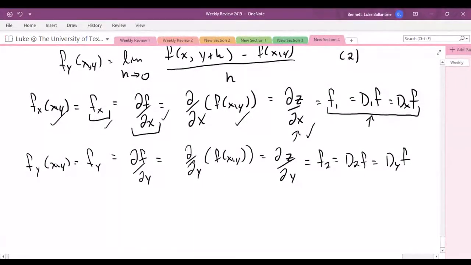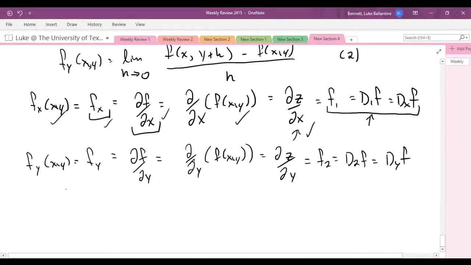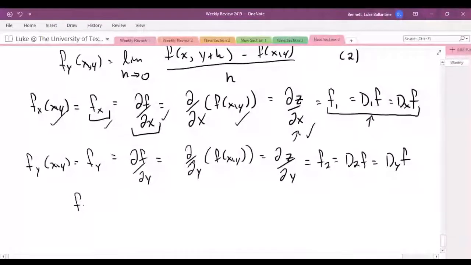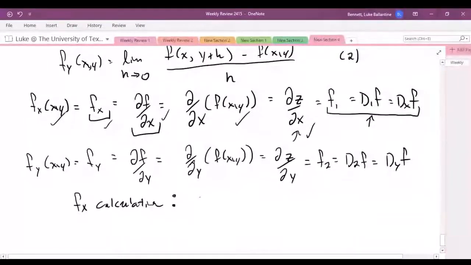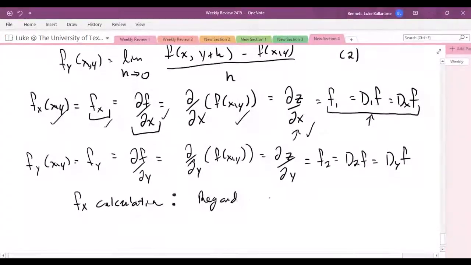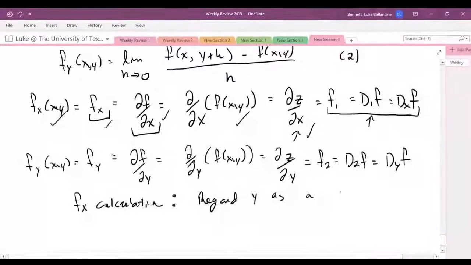Okay, so as far as calculation of these things go, it's really not that hard. So if you want to calculate f sub x, here's the rule you follow. Regard y as a constant and differentiate with respect to x.